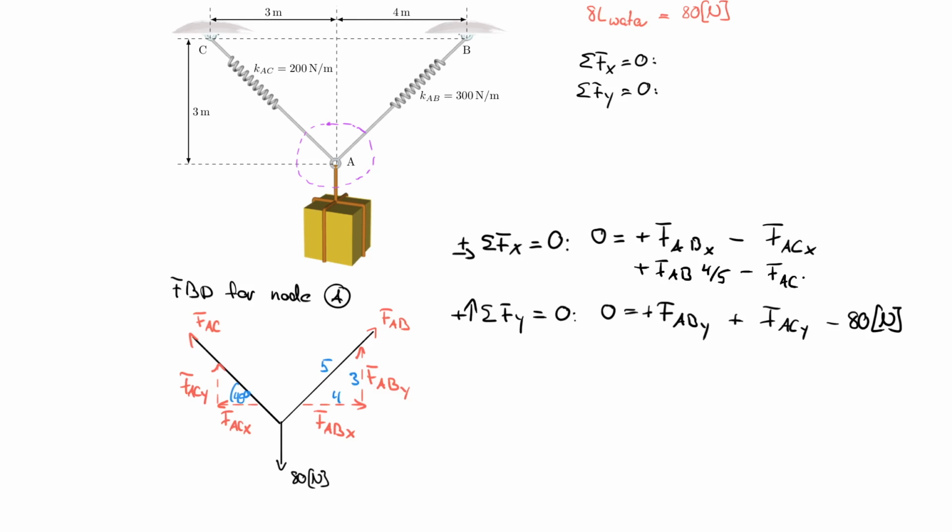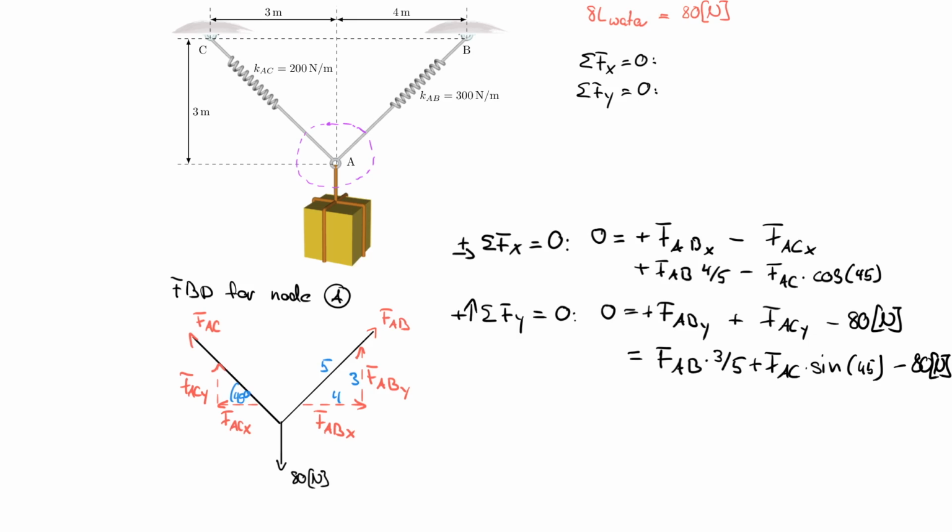This is the x direction, so I prefer to use cosine. Of course, it's the same for 45-degree angles, but I want to stay consistent. In the y direction, we have FAB multiplied by 3 over 5 plus FAC times the sine of 45 minus 80 Newton.